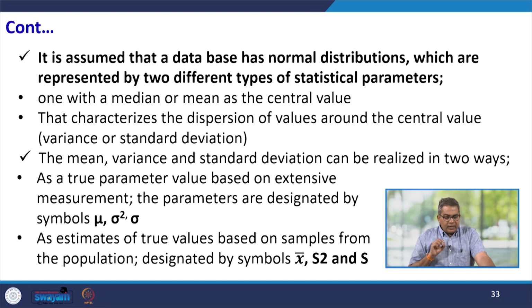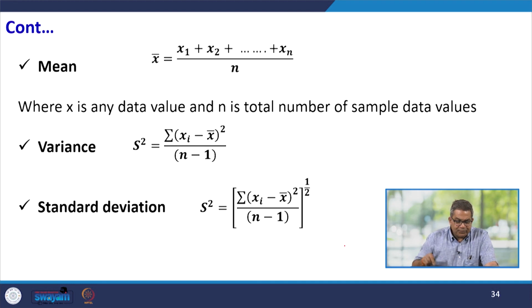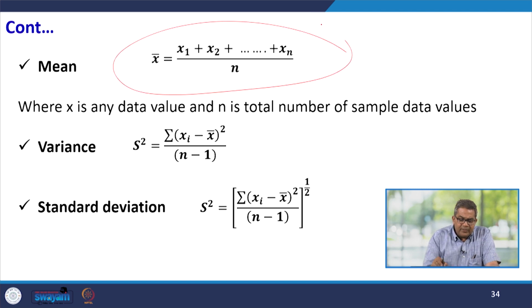One, as a two parameter value based on extensive measurement, the parameters are designated by symbols mu, theta, theta square, and as estimates of true value based on the samples from the population designated by the symbols x bar, S2 and S. Now, this is the mean.